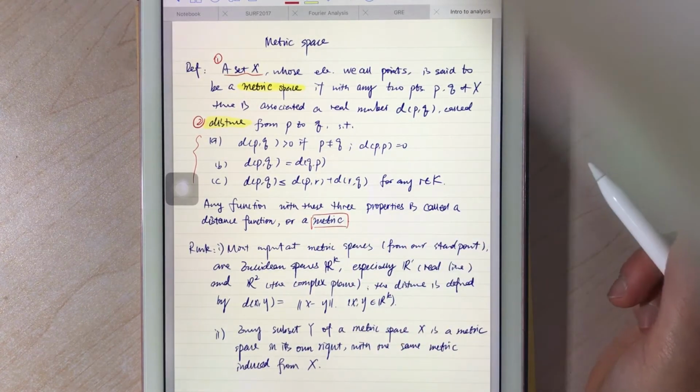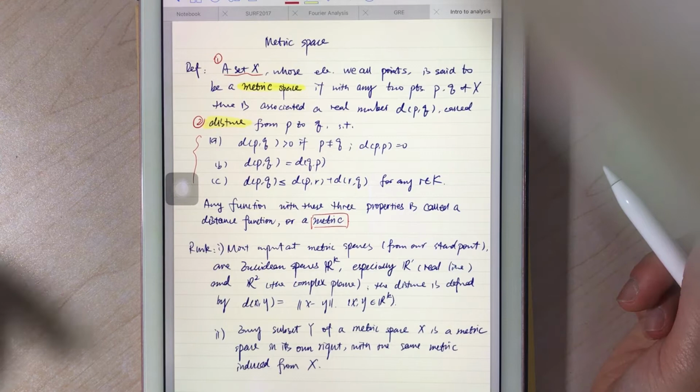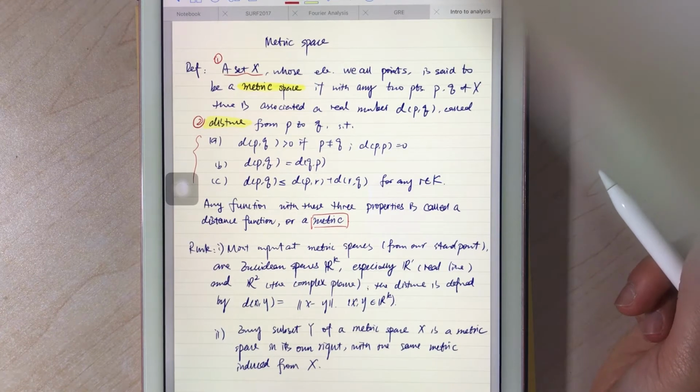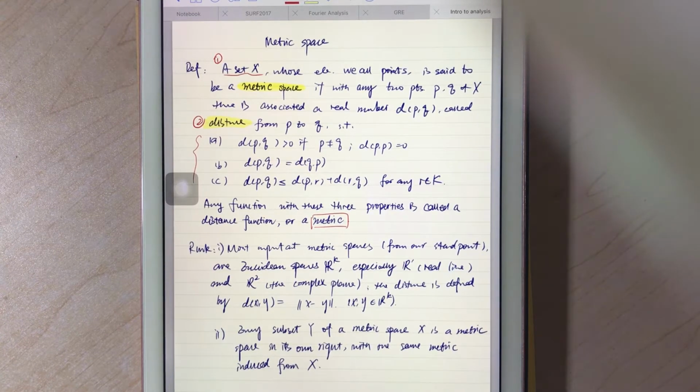So for a metric space, we first find some set, and second we define a metric. Here the metric is a function that gives the distance between two points, right?